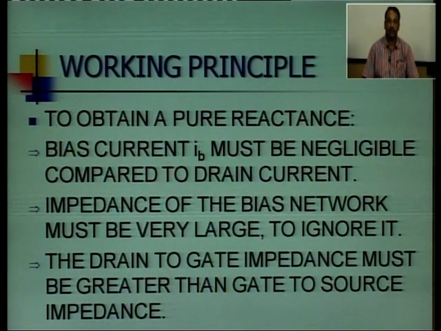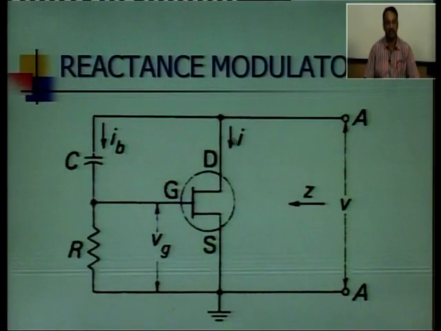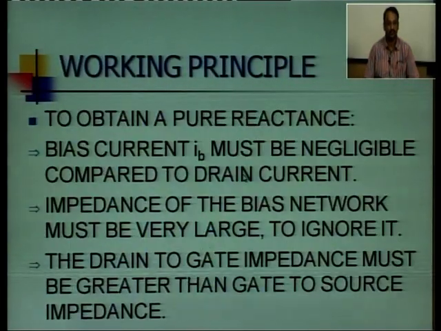To obtain a pure reactance, there are some assumptions to be made. First, the bias current IB must be negligible as compared to the drain current I. Second, the impedance of the bias network must be very large, so that it can be ignored.